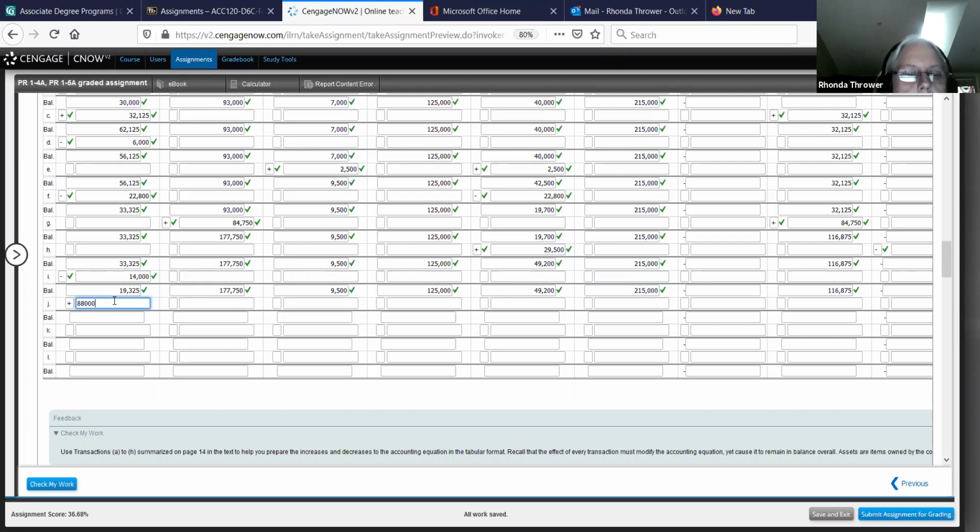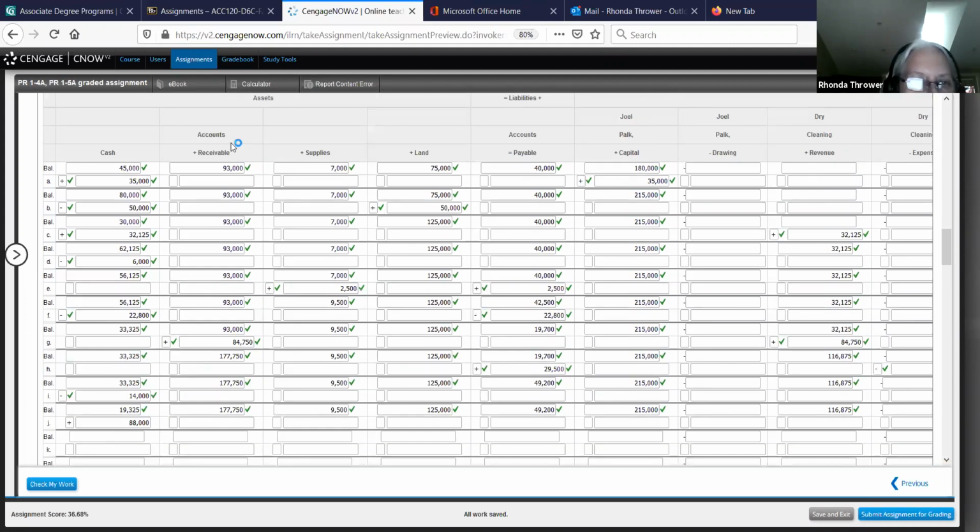And it also stated that we received this cash from our customers that were on account. My accounts receivable is going to decrease in this case. My accounts receivable, which is an asset, is going down by $88,000. So we've received cash, which means we are added to our cash balance, but we've decreased accounts receivable, which means we've subtracted from our accounts receivable balance.